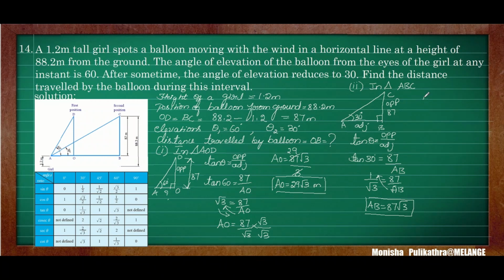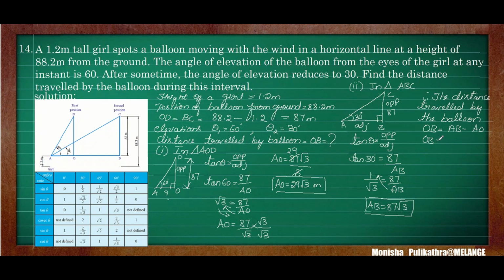Therefore the distance traveled by the balloon is OB, which is equal to AB minus AO.